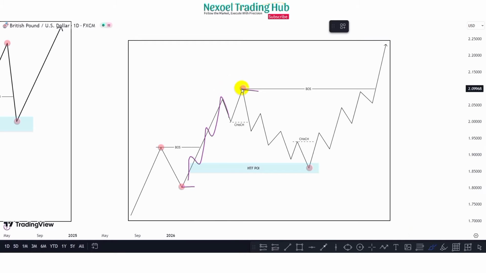So now when we actually see price drop to the downside and then we have a sweep of this low point, now we are actually having a minor change in market character. It is not a major change in market character yet until price pushes to the downside and then sweeps this strong low point. Then we actually have a major change in market character.